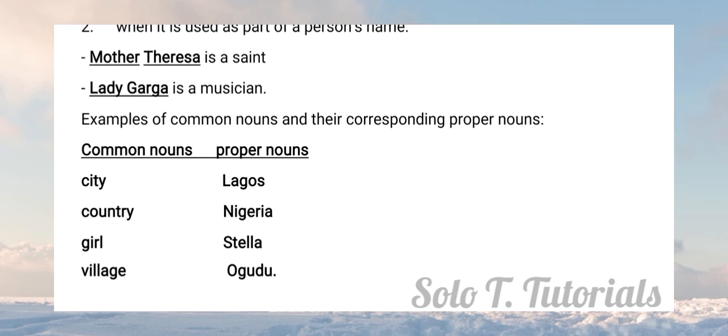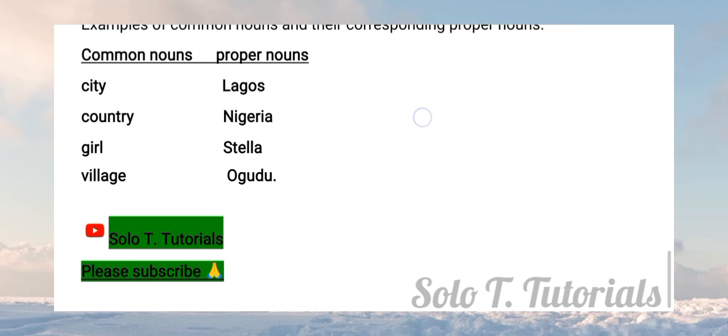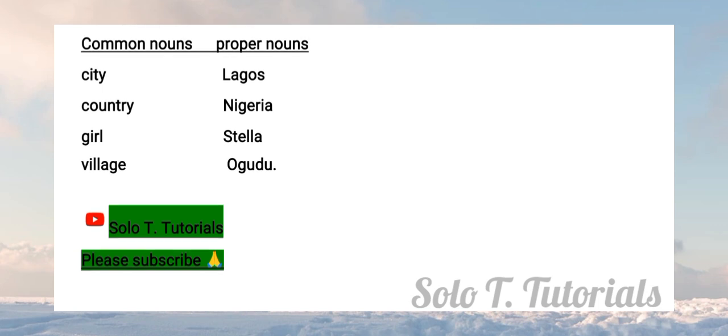And when you talk about the country Nigeria, somebody will know that you are referring to one of the countries in Africa. When you mention Stella, everybody will know that you are referring to a girl. And when you talk about Ogudu, somebody will know that you are referring to one village in Lagos. So that will be all for now under noun.